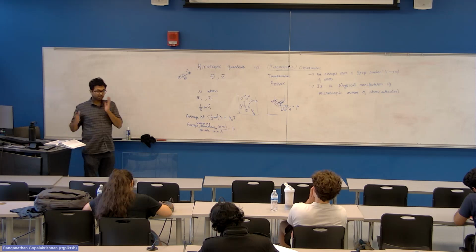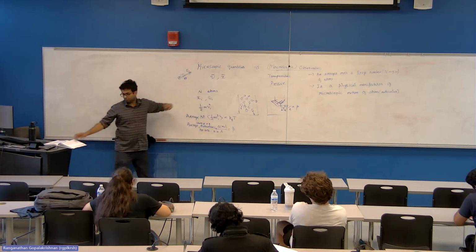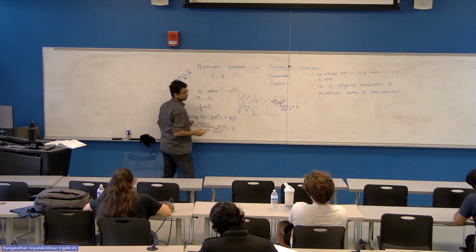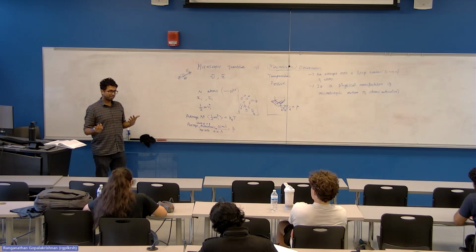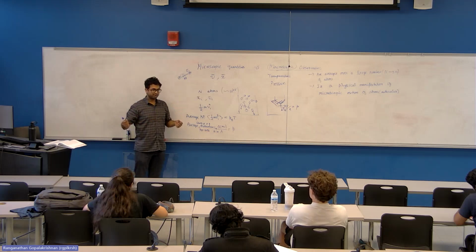So the simple concept is, you have so many atoms. Usually this number is of the order of 10 power 25. When you say 1 mole, that's already 10 power 23. So if you think of this room, at this moment there could be around 10 power 25 molecules that are zipping around.